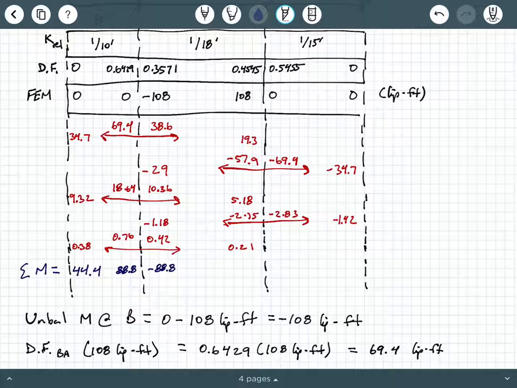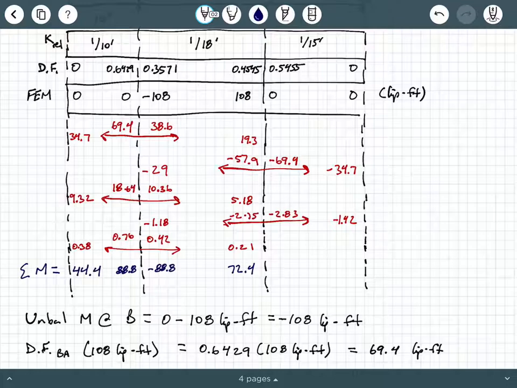So let's look at C now. 108 plus 19.3 minus 57.9 plus 5.18 minus 2.35 plus 0.21. I get 72.4.